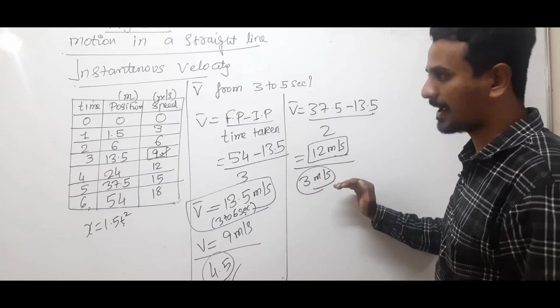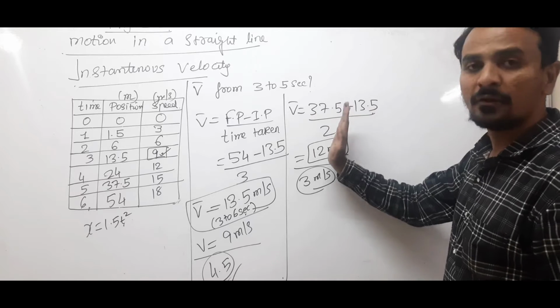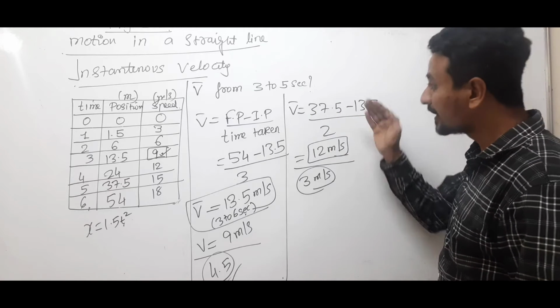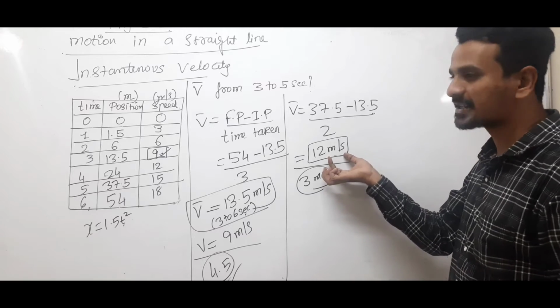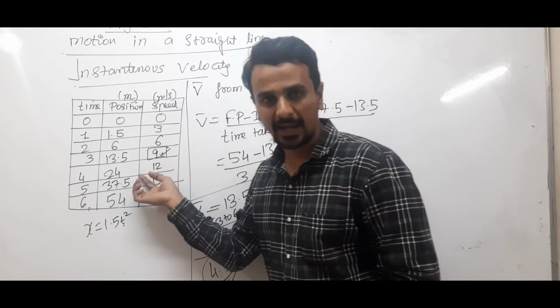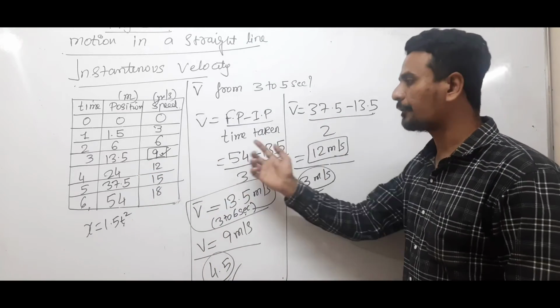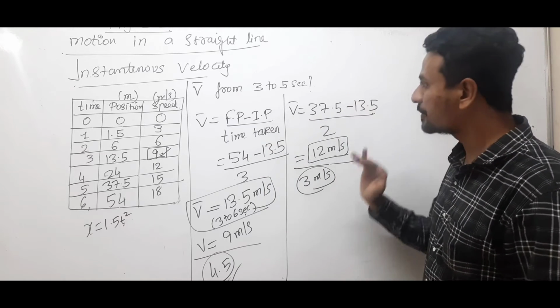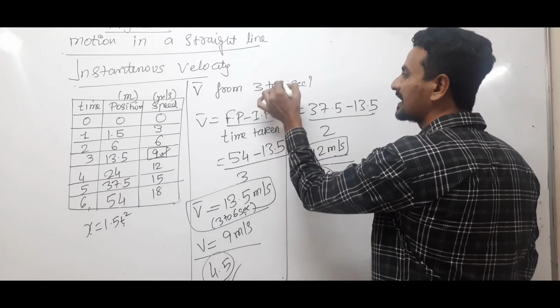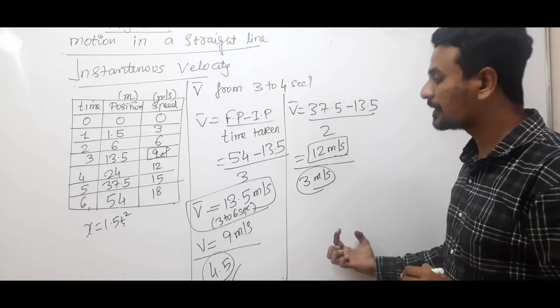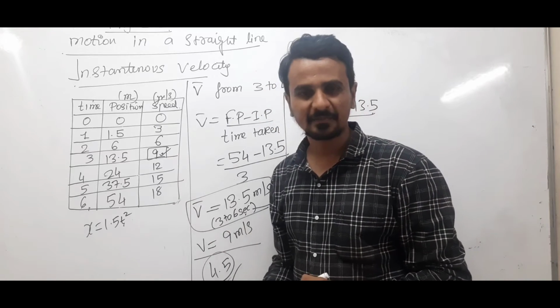Now you have reduced the time from 3 to 5 seconds, decreasing the time by 1 second. So my answer of average velocity is 12 and instantaneous is 9. So there is a difference of only 3. Still, if I am reducing the time, that means if I am calculating average between 3 to 4 seconds, then my answer will be even closer to 9.